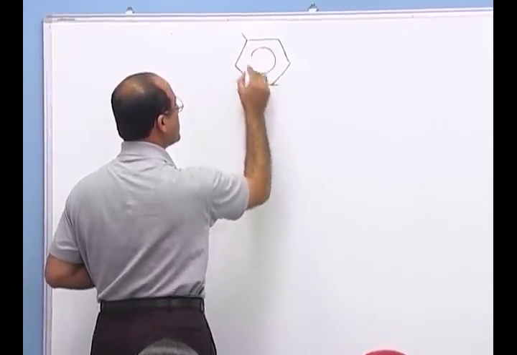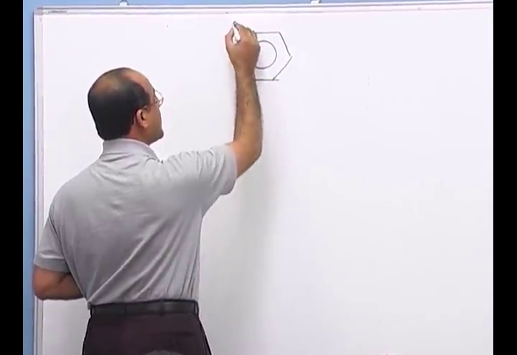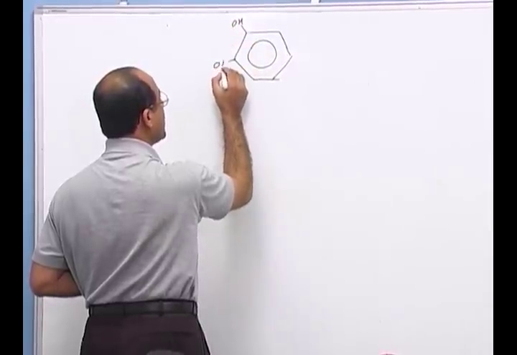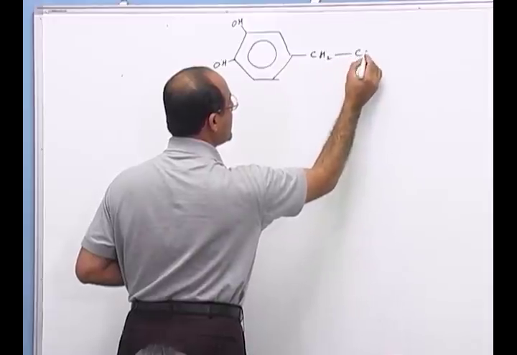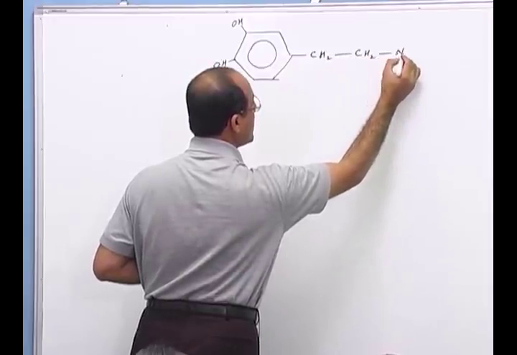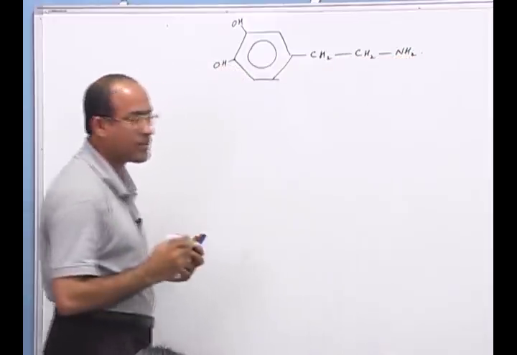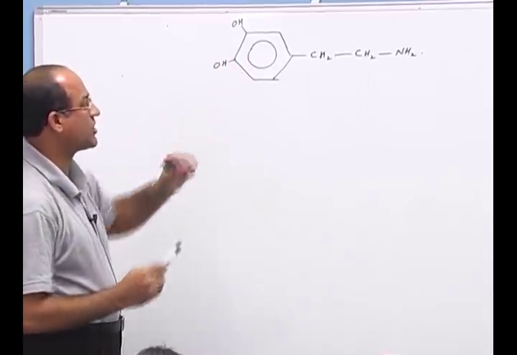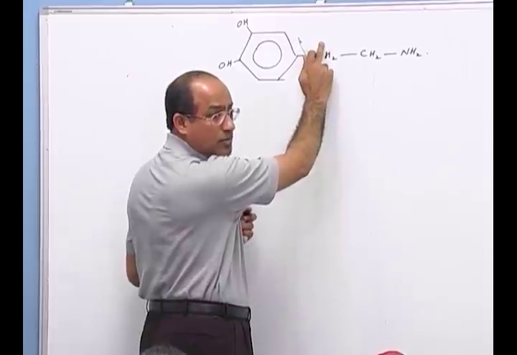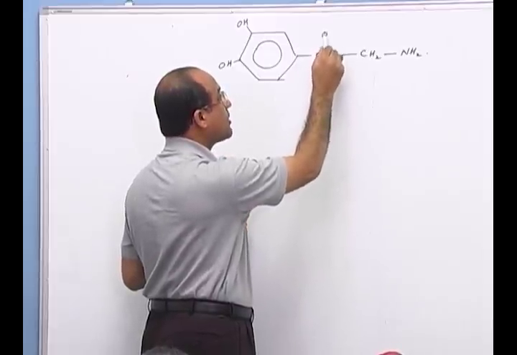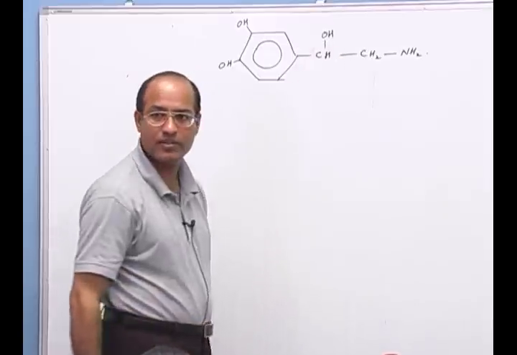What is this? Benzene ring or phenyl ring. Now it has been converted into a catechol ring. And here is the beta carbon, then the alpha carbon, and then the amino group. This is the classical structure. If there is no hydroxylation here, it is dopamine. And if there is one hydroxylation here, what is it? Norepinephrine.